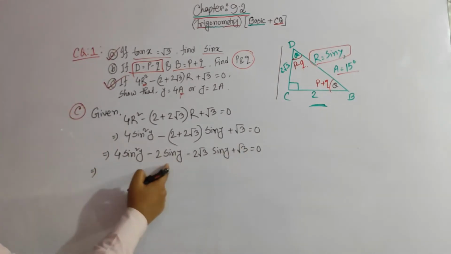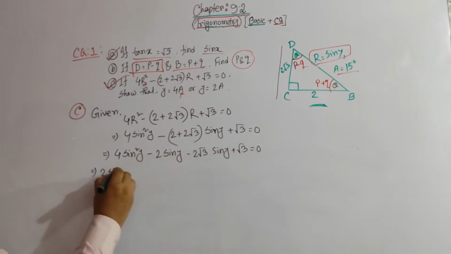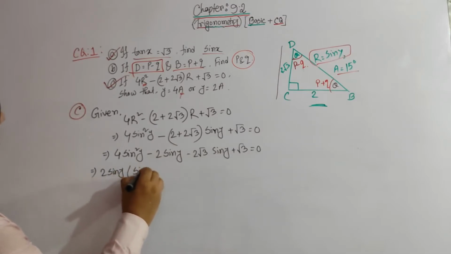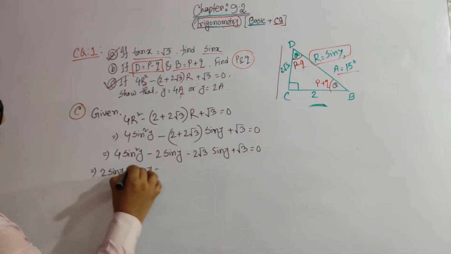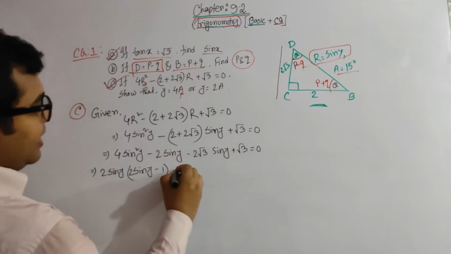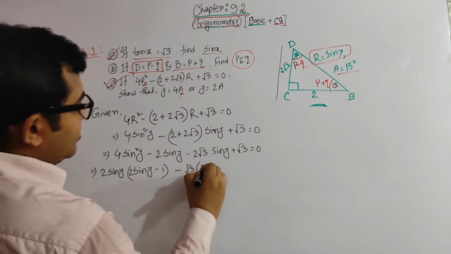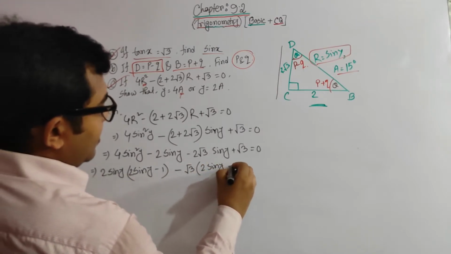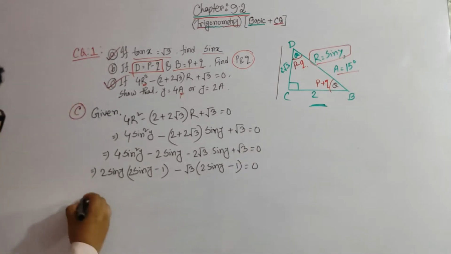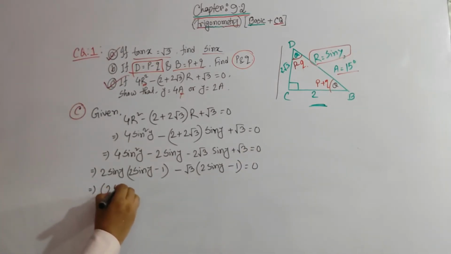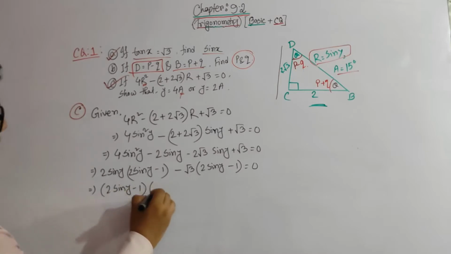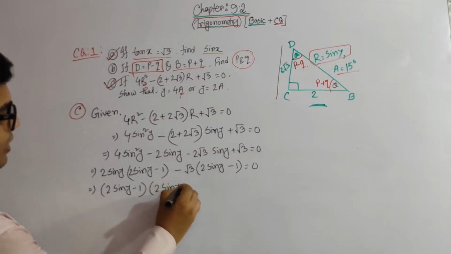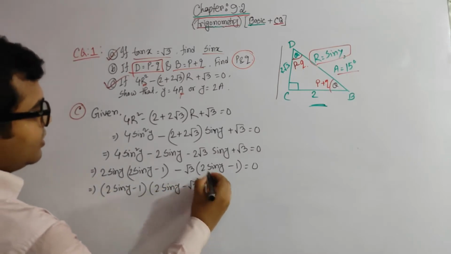Now if we take 2 sine y common, we get 2 sine y minus 1, and here we will get root 3 times (2 sine y minus 1) equal 0. So (2 sine y minus 1) and (2 sine y minus root 3) is equal to 0.